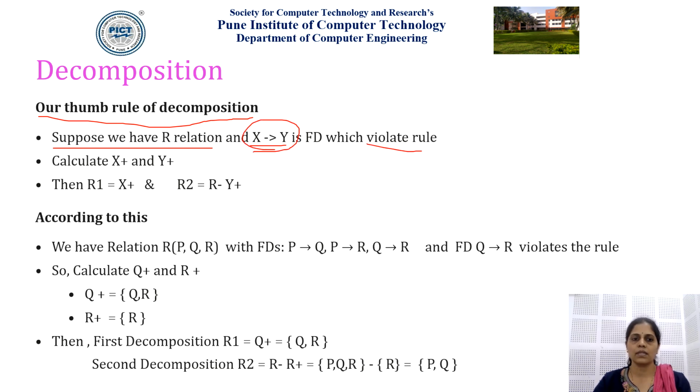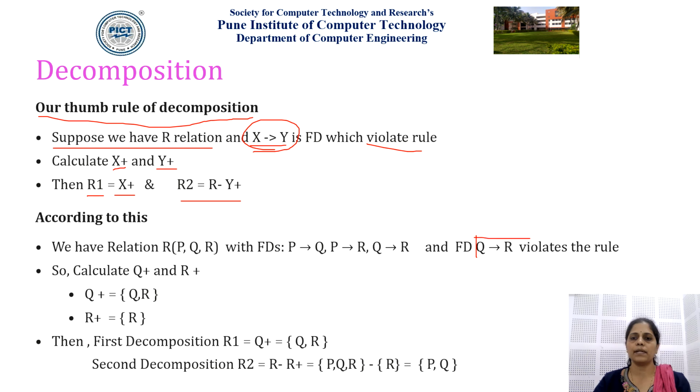Hence, we have to calculate X closure and Y closure. X closure means the attributes which are determined by X, and Y closure means the attributes which are determined by Y. So the first decomposition R1 is nothing but your X closure, and the second decomposition R2 is nothing but your relation minus Y closure. According to this, first we have to identify the functional dependency which violates the rule.